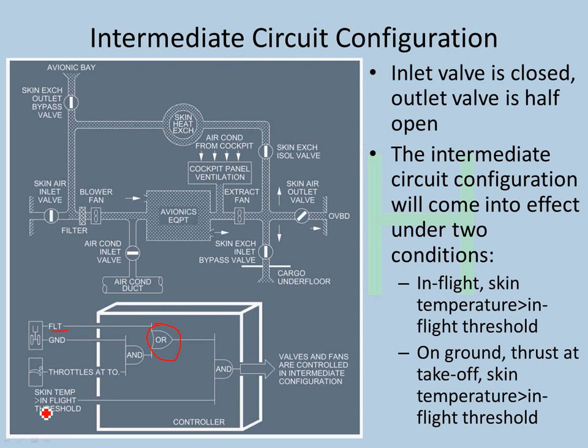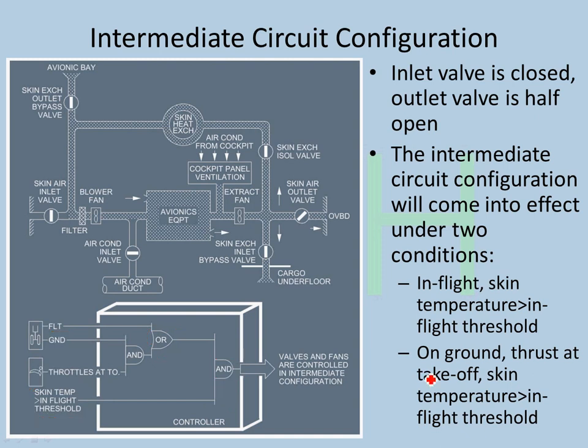The next is skin temperature greater than in-flight threshold here. This AND gate is satisfied, and hence you will be in intermediate configuration. Greater than in-flight threshold could be, you know, when perhaps you're flying in an inversion, where you have a temperature rise as you're climbing in altitude. So it's very rare, but Airbus has already decided on that in case it happens.